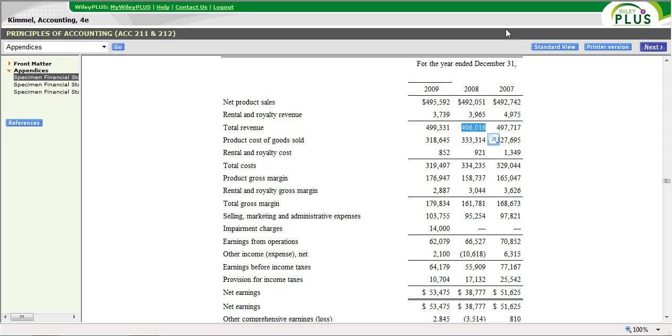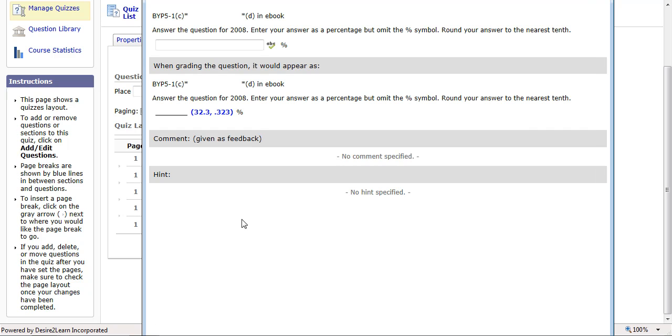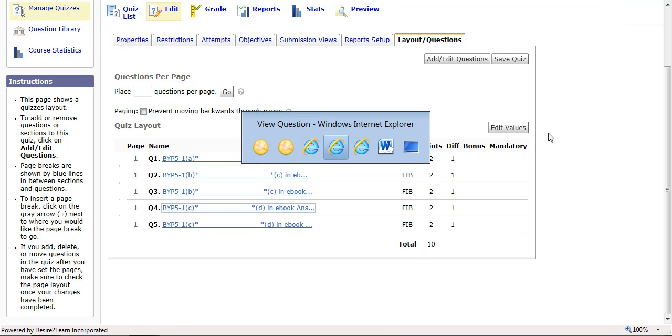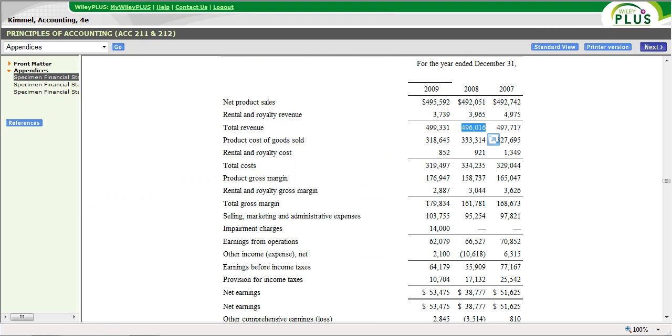And then if we look at questions 4 and 5, these are asking for the gross profit ratio for 2008 and for 2009. So gross profit, if you remember from the chapter, let me get back to the income statement. The gross profit ratio is gross profit divided by net sales.